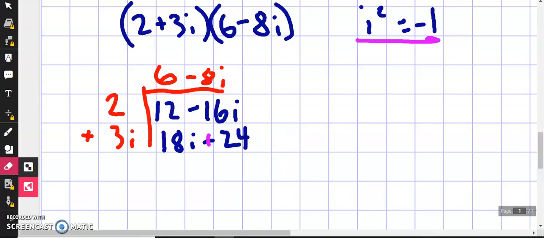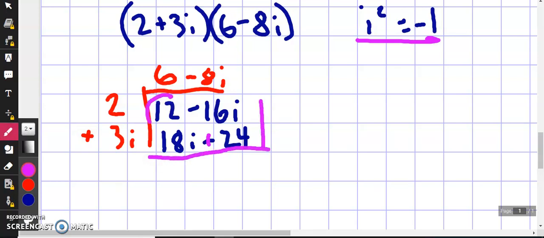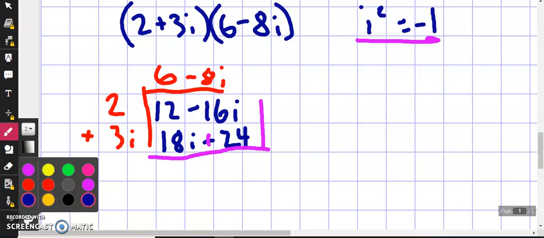So when I go to combine my like terms, or simplify the inside of my box, the 12 and the 24 are now like terms. So 12 plus 24 would give me a 36.